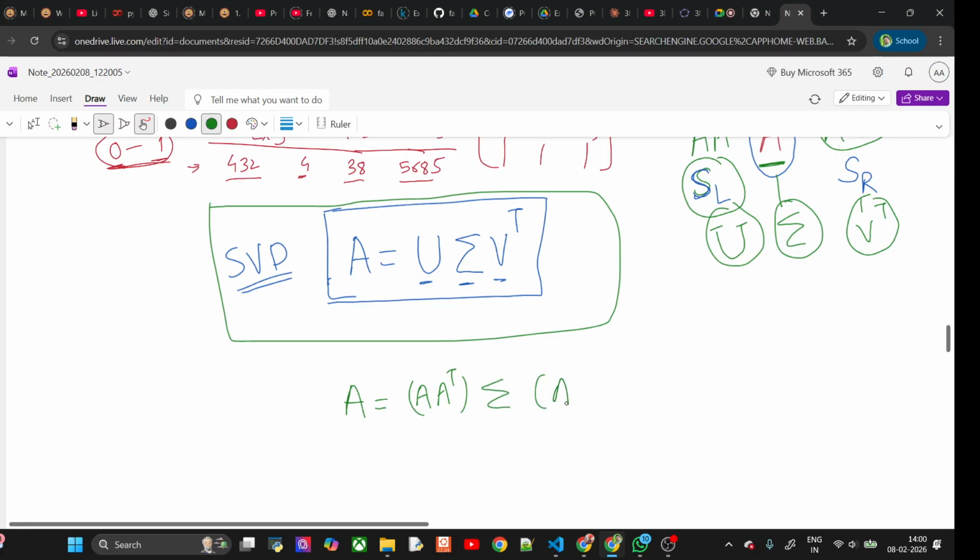What is this? This is called your orthogonal matrix. Because these are the left side and this is the right side, this is called your left singular matrix.